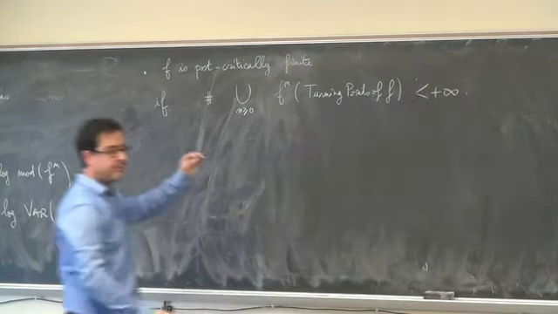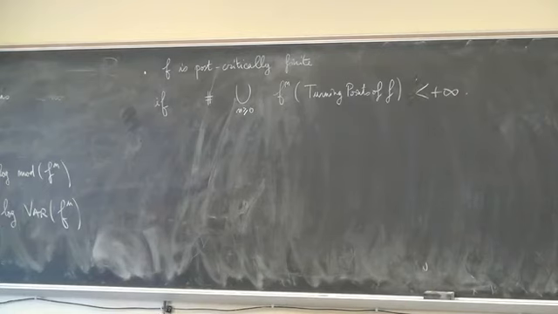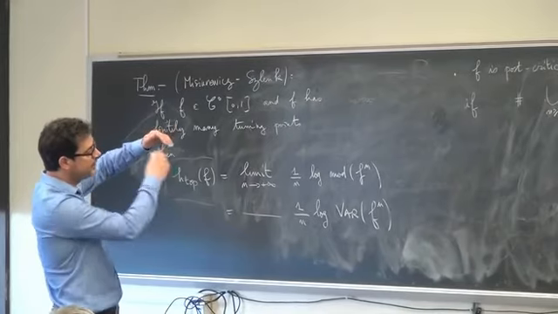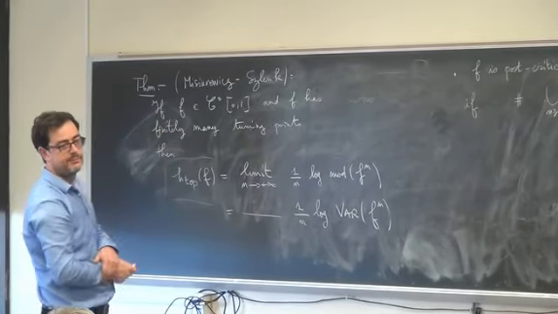So you have a finite number of turning points, of critical points, where the monotonicity changes, and the orbit of each of these points is finite.